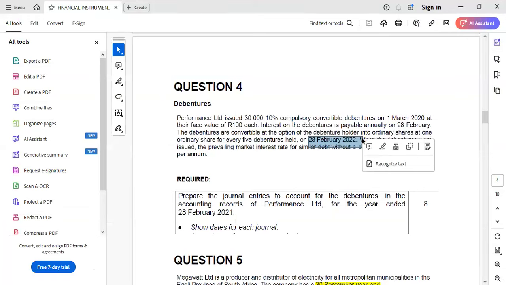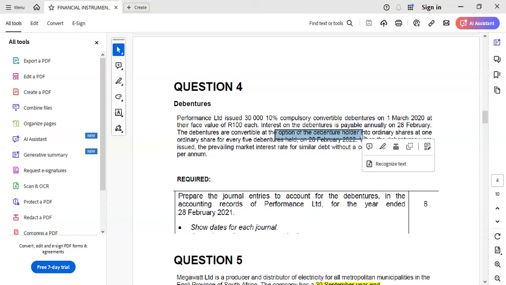Those who buy these debentures will decide whether they want their money back or they want their debentures to be converted into shares. So that's an obligation to pay interest annually, and on 28 February 2022 to repay the amount if they opt for cash. That is a liability.